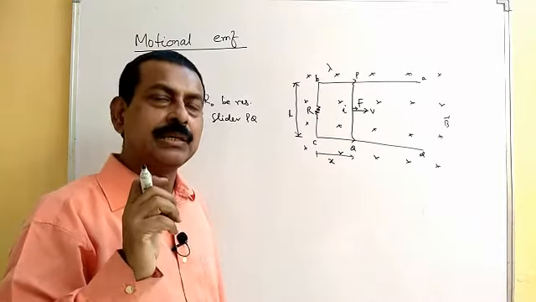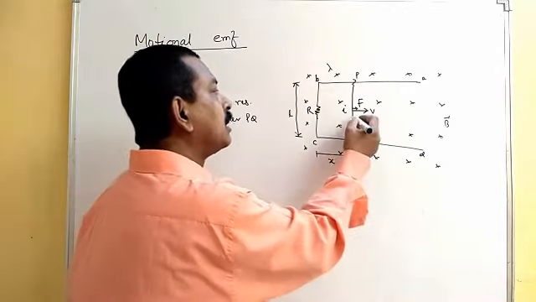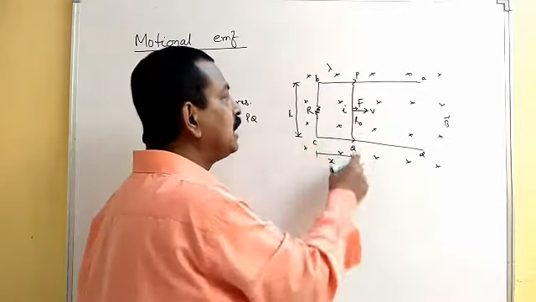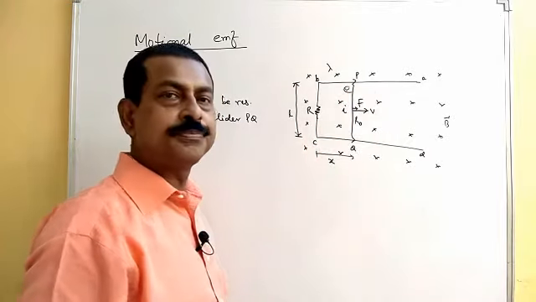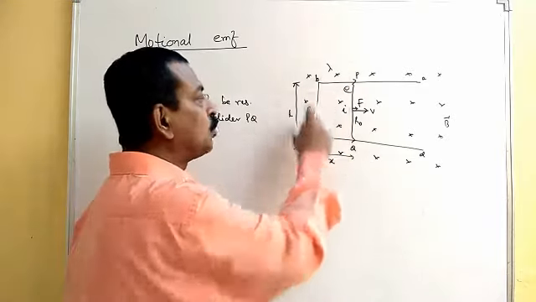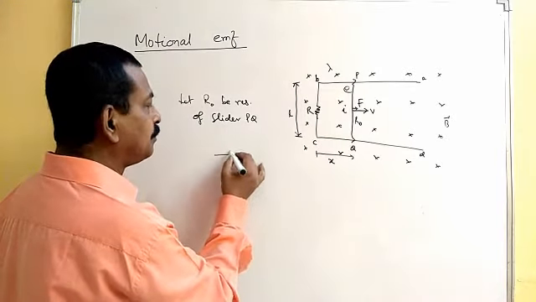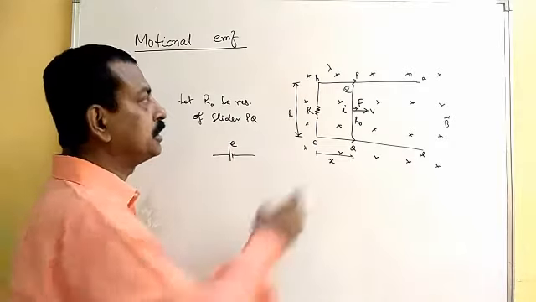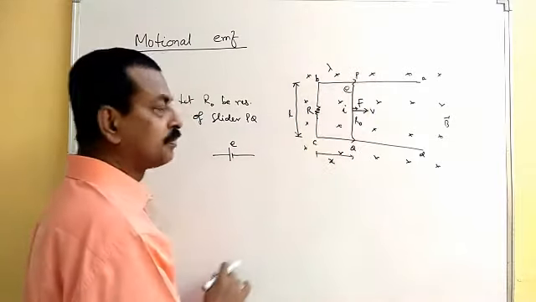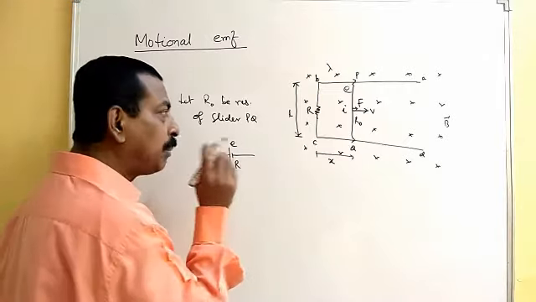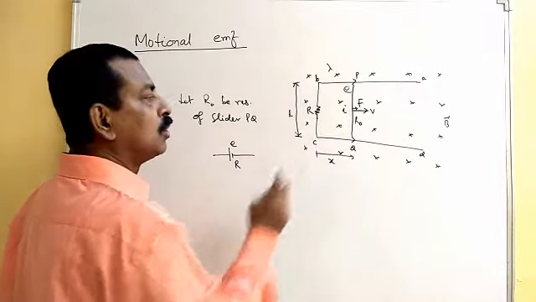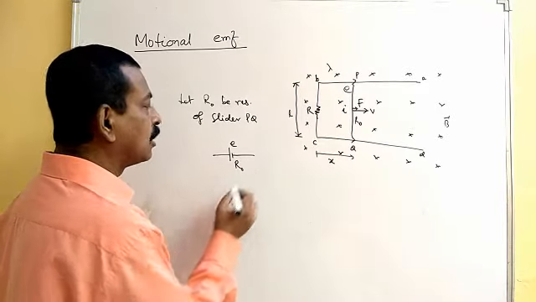Best is that you assume, like here, that it is R naught. What is the EMF developed? That is your E. You can treat this one like a cell. This is the cell of EMF E, which is basically this PQ. In place of internal resistance, you just assume the resistance of this rod PQ. So it is your R naught.